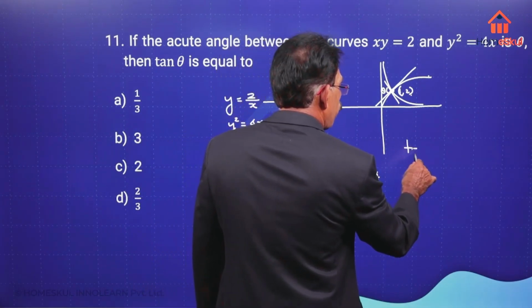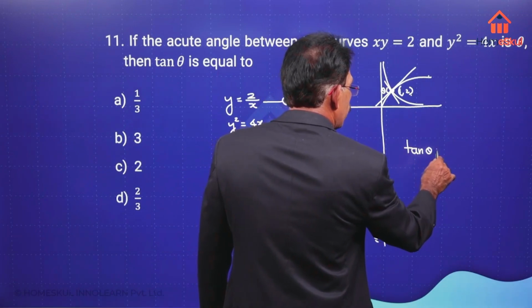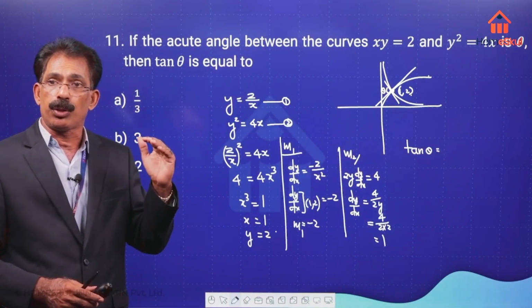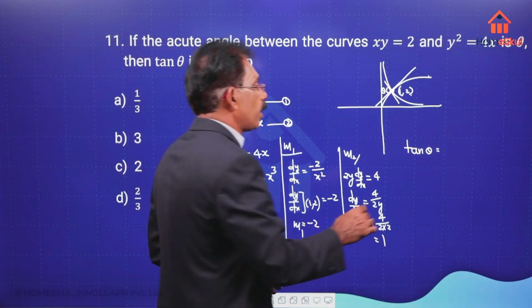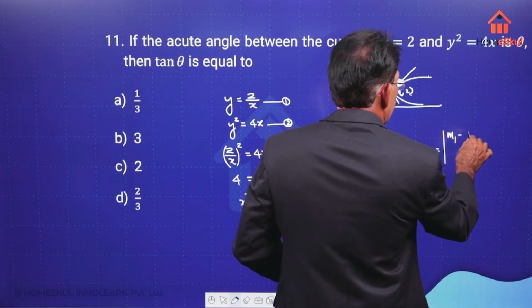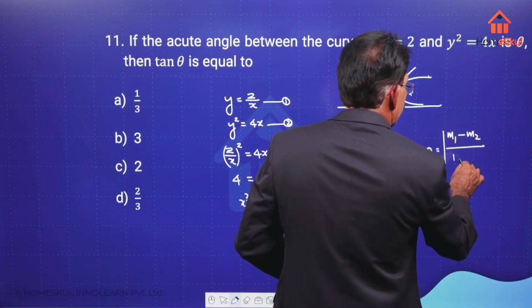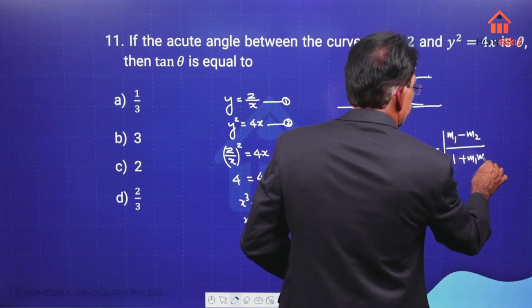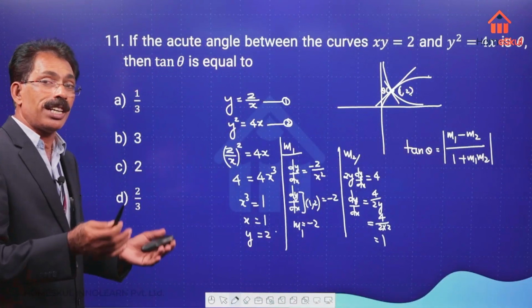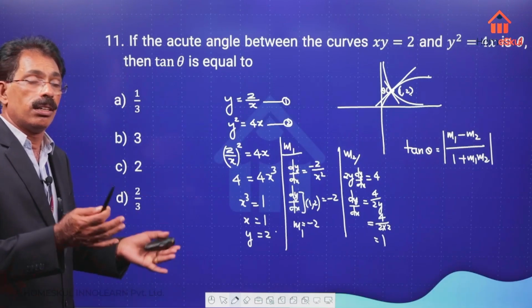Do you remember the formula for finding the angle between two curves? The angle between two curves is the same as the angle between two straight lines. Then tan theta is equal to the modulus, as you want the acute angle, of m1 minus m2 divided by 1 plus m1 m2. This is the angle between the tangents, which is the same as the angle between the curves.